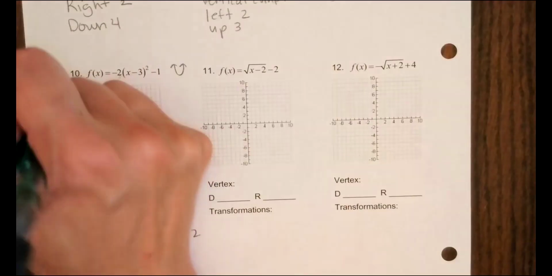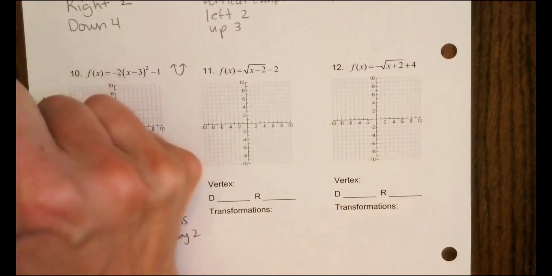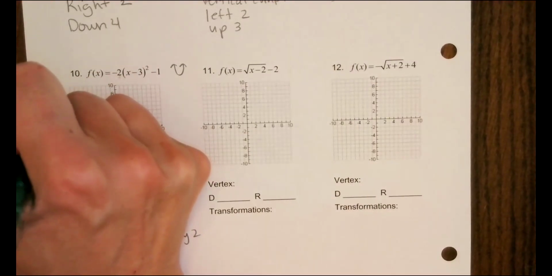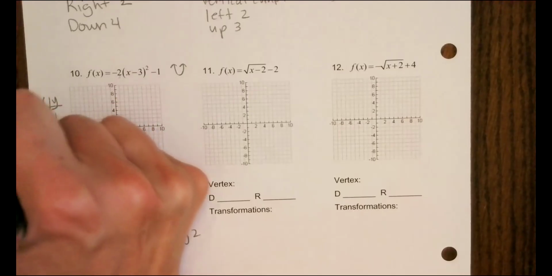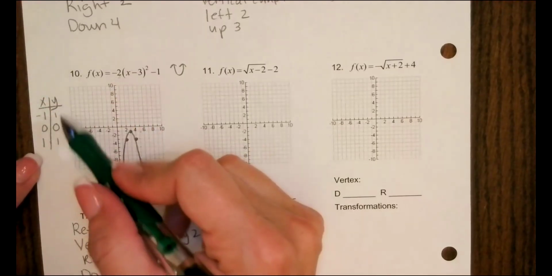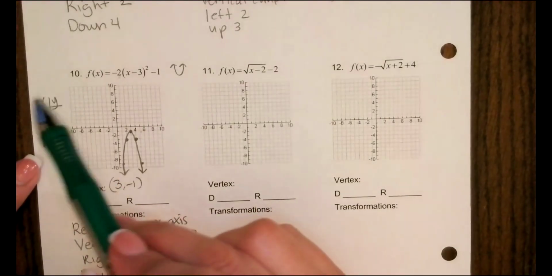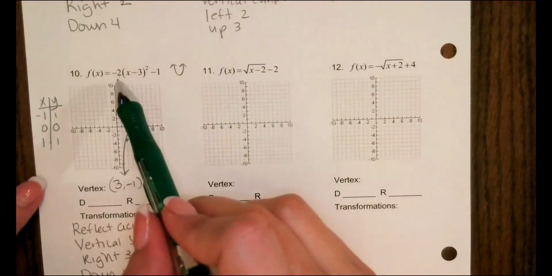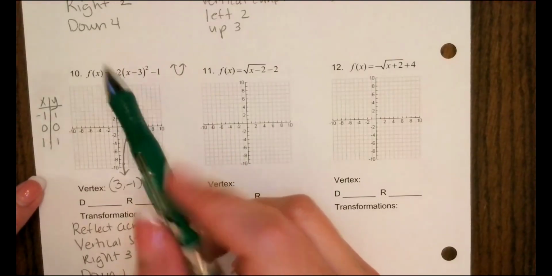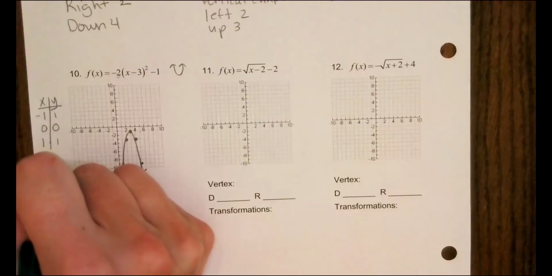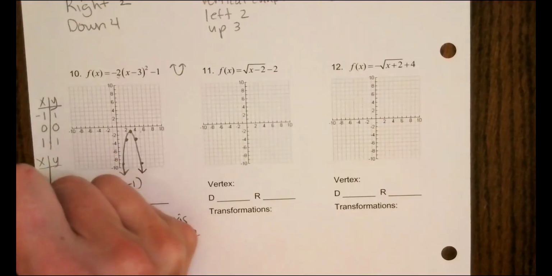And so what I'm saying when I say those numbers, remember the parent function was -1, 1, 0, 0, and 1, 1. We talked about these on the last introduction to parent functions. So these are the parent function key points. When I do this 2 here, this vertical stretch by 2, I am multiplying the y values times 2.